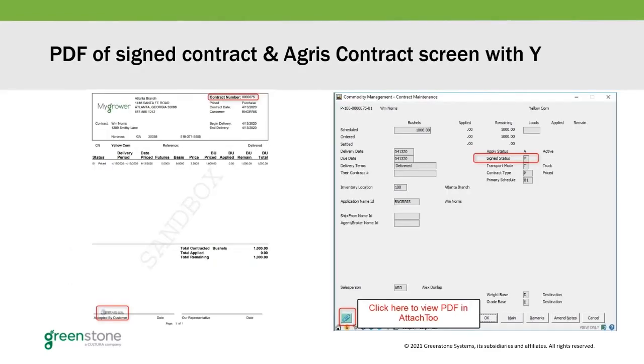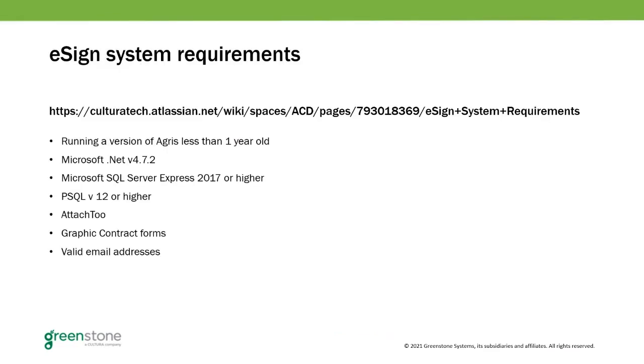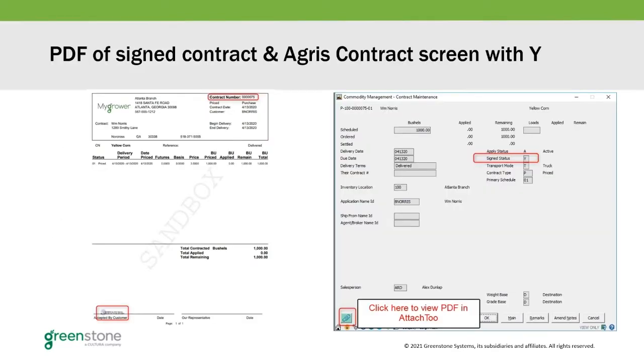Now, what does that completed document look like? Well, you'll see, and I apologize, this is going to be super small, but down in the lower corner where it says accepted by customer, it says signed by the person's name, and then it has a time and a date stamp. So you know exactly what was signed, when, and by whom.